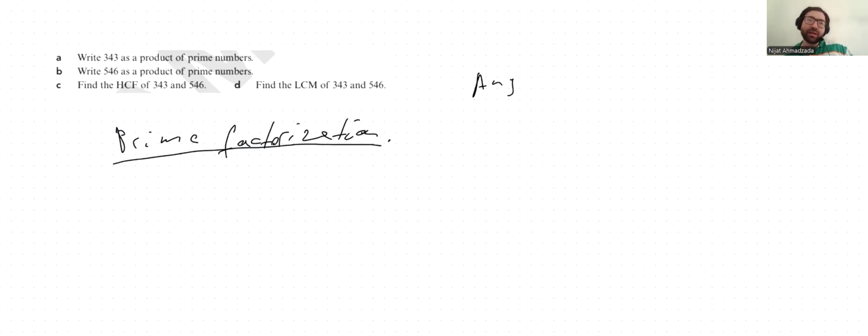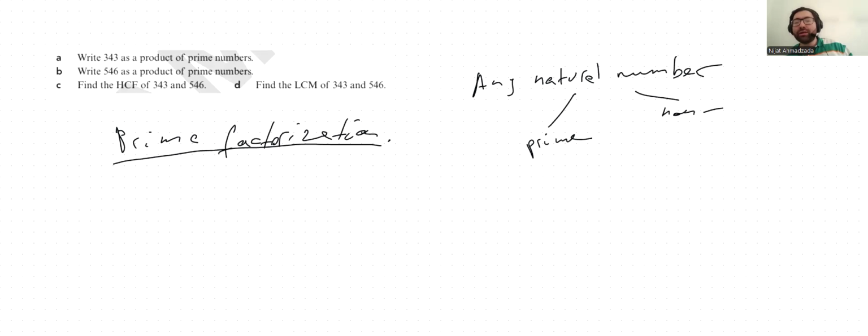Of course, we're talking about integers, but for the sake of this class, let's call them natural numbers. Any natural number has two options: the number is either prime or non-prime.